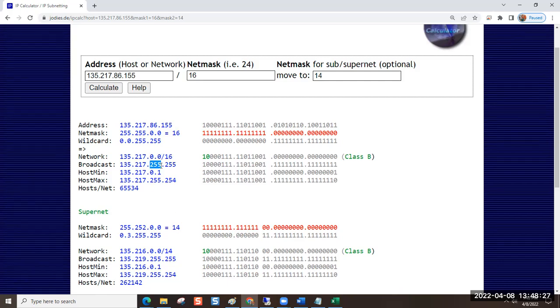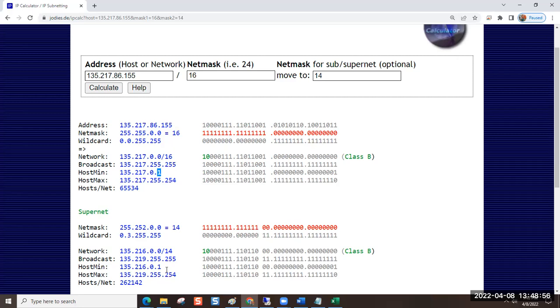Broadcast would be 255.255. I'm going to fill in any of the octets that have zeros with 255s, and that's going to give me my broadcast address. So this stays the same, but it's 0.0 for the network identity and 255.255 for the broadcast. The minimum value for a host is 0.1, but we know we're going to use .1 for our gateway.